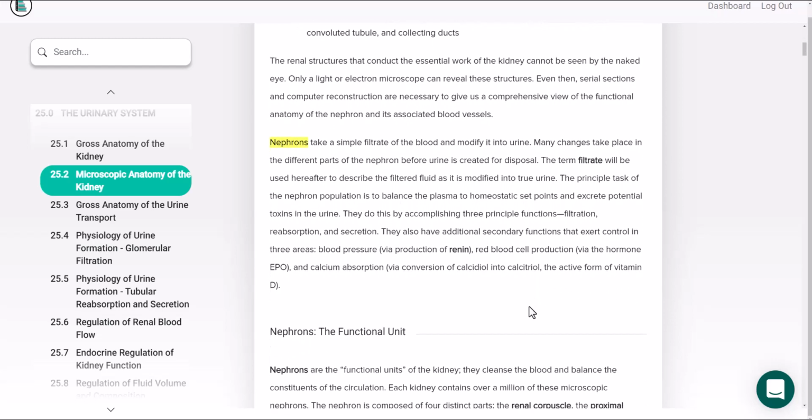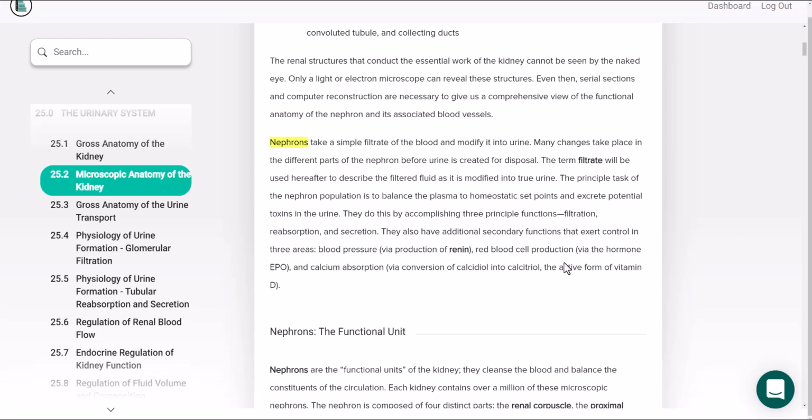And there are a number of other functions that are going on in the kidney. I've already mentioned those in the first section. That is blood pressure regulation, red blood cell production regulation, and calcium absorption. Two of those are already mentioned. You already know quite a bit about EPO and red blood cell production. I mentioned already that the final step of making vitamin D occurs from a hormone produced by the kidney.